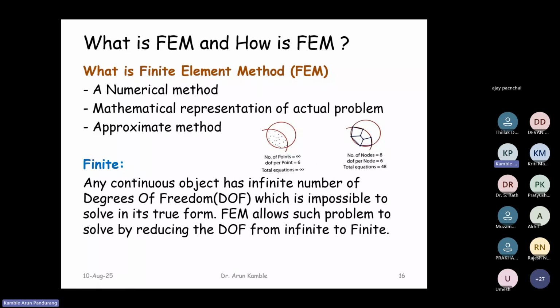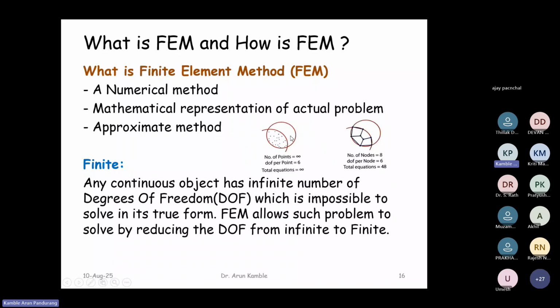So when we solve this domain or system for an infinite number of equations, it is impossible. We can't solve an infinite number of equations in its true form. Therefore, we divide this domain by using elements and nodes.